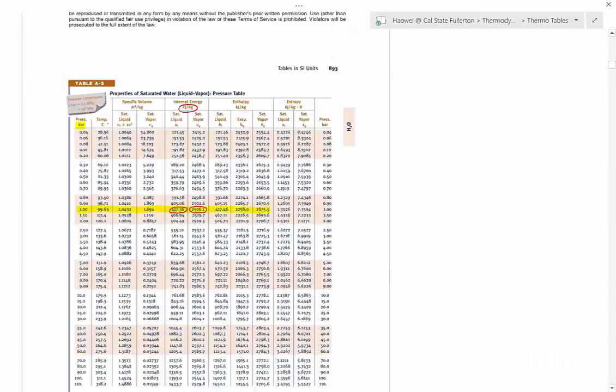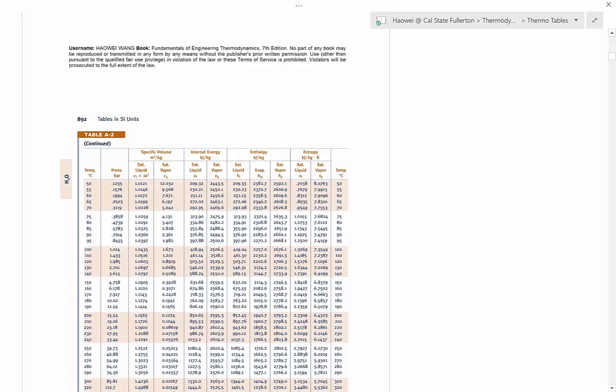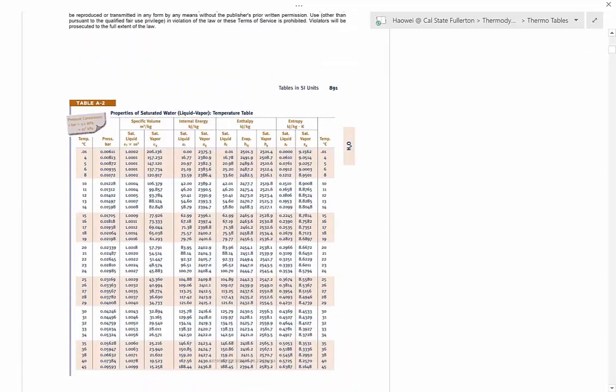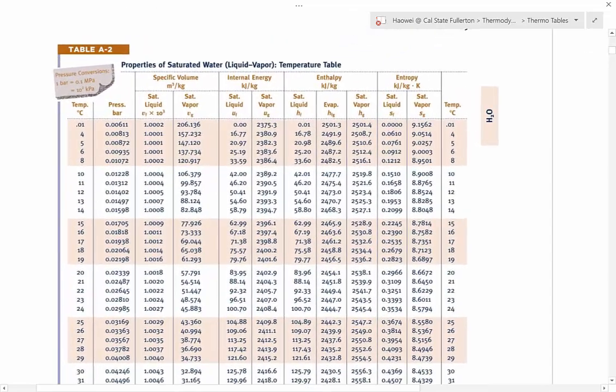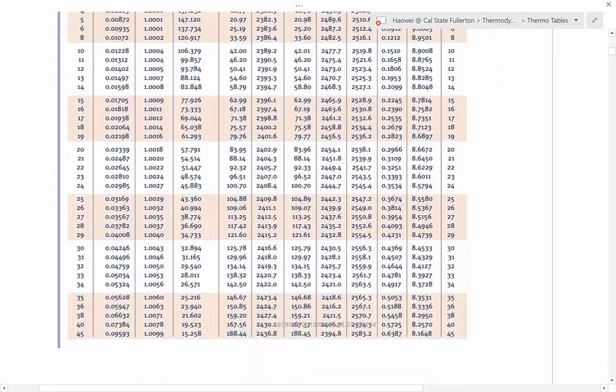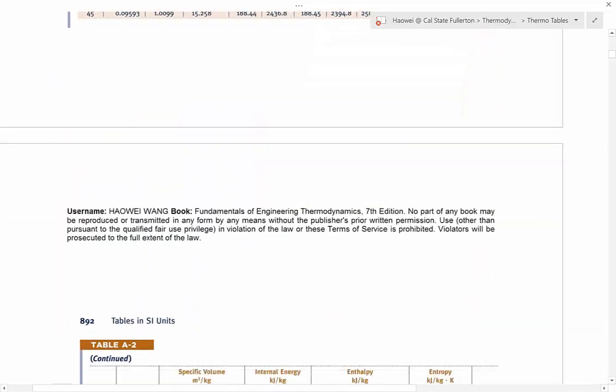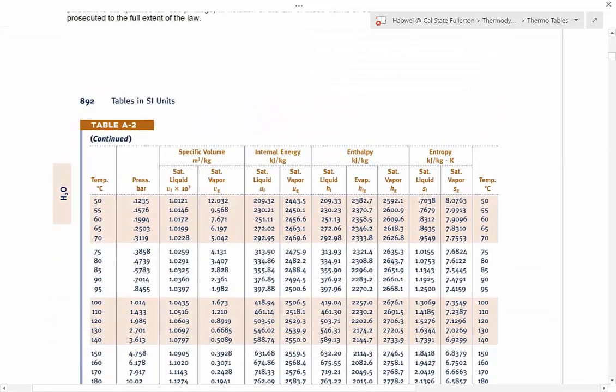This time we need to go to table A2 because we start from temperature. Okay, so this is table A2. Now we look for temperature. The first column is temperature. We look for 100 Celsius. We go down. 100 Celsius is right here.